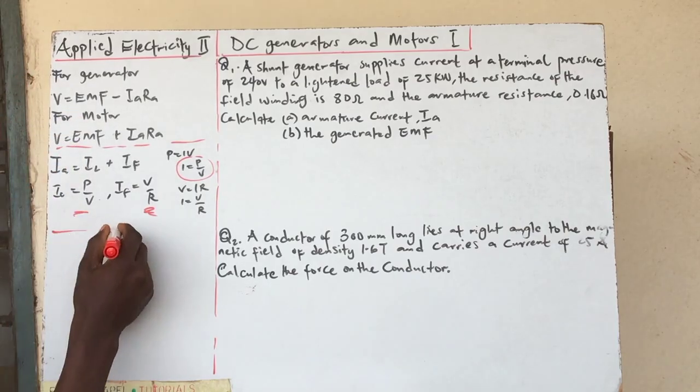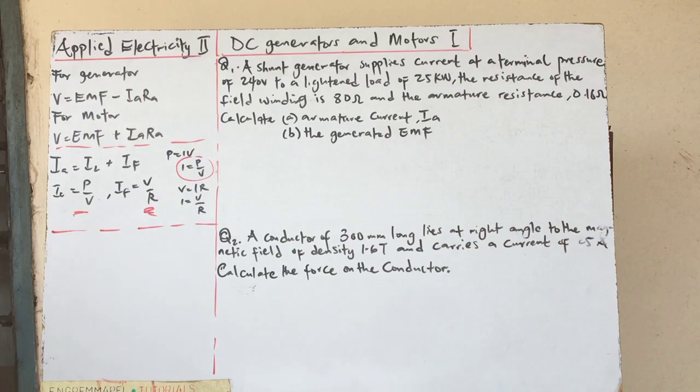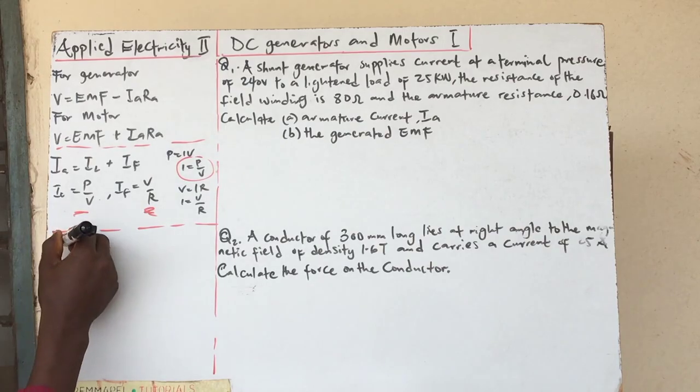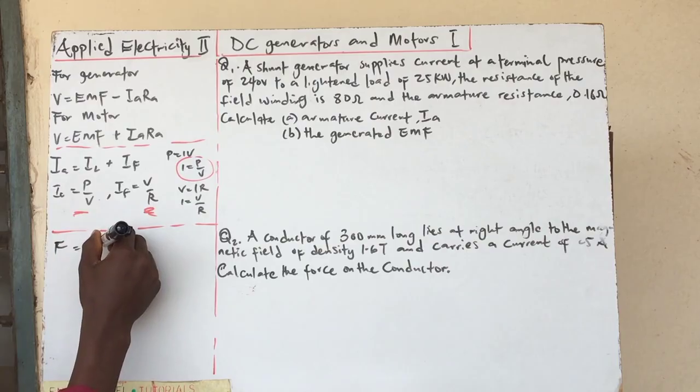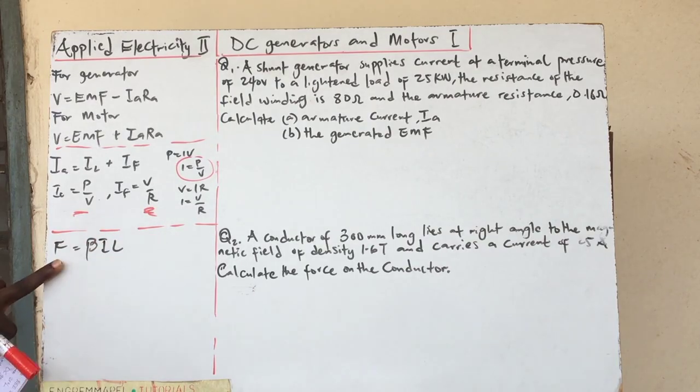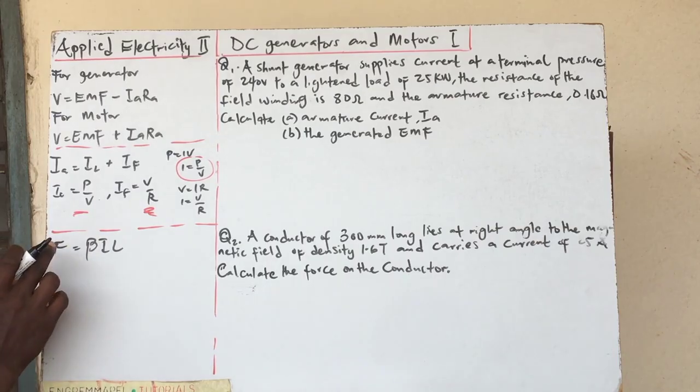Then another formula is the force required to kickstart a winding generator. We've been used to this formula from the past: force F equals BIL. This is the force required to kickstart a winding generator. So basically this is force.